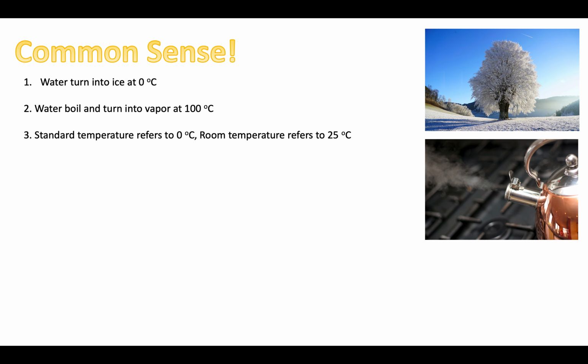STP means standard temperature and pressure, which is 0 degrees C and 1 atmosphere, which is what we're experiencing right now. Sometimes we'd say the experiment is done at room temperature, which usually refers to 25 degrees C.